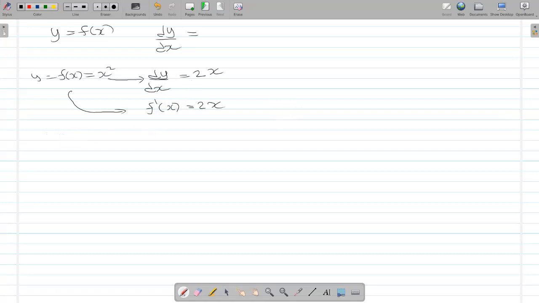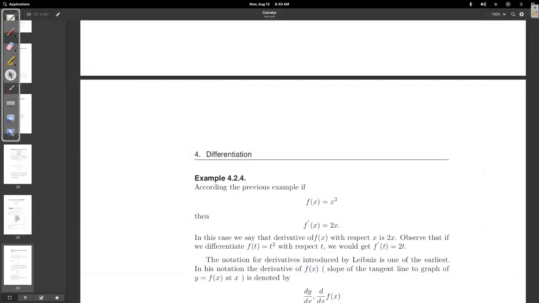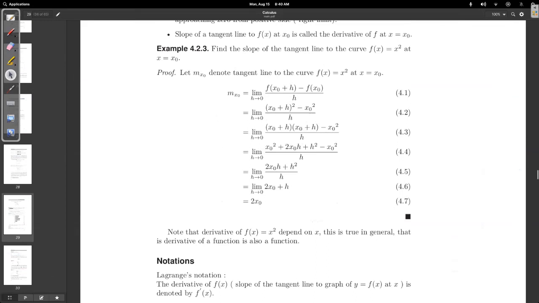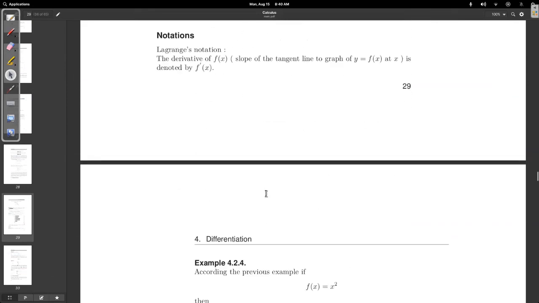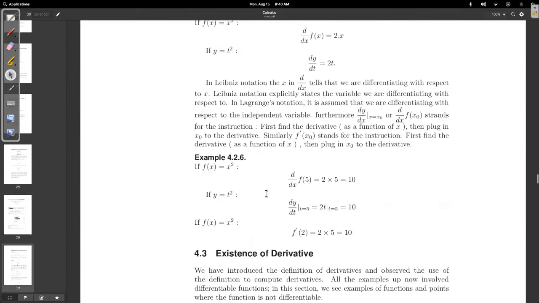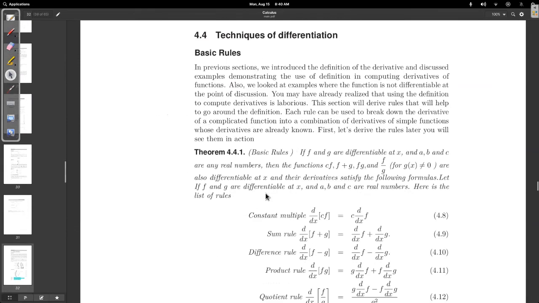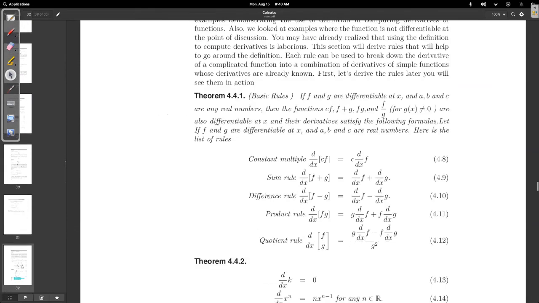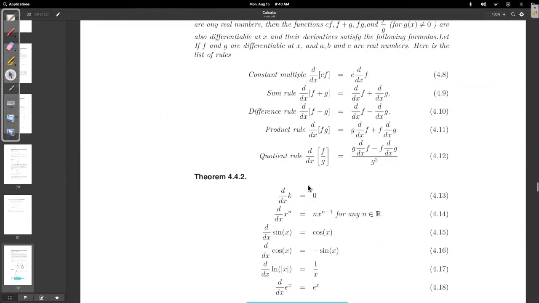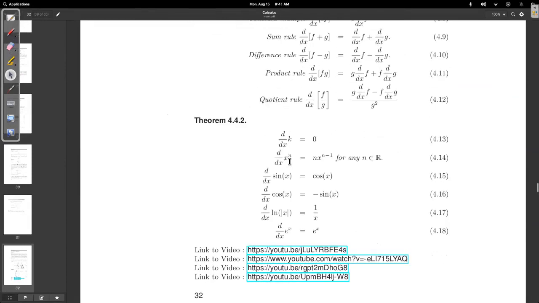Now if I always try to use the definition of the derivative, it's a little bit hard. I just wanted you guys to see it. If I always try to use this, it's hard. So people have constructed a set of rules. These are the derivatives of basic functions.